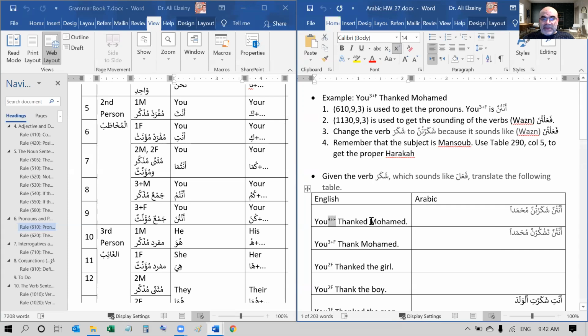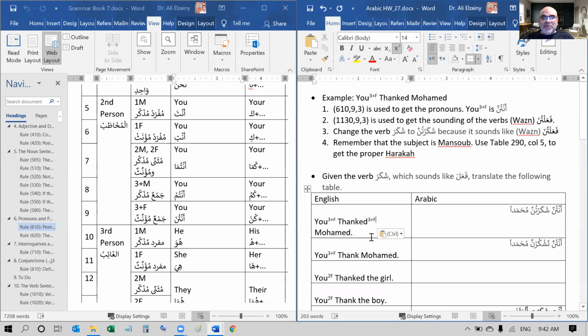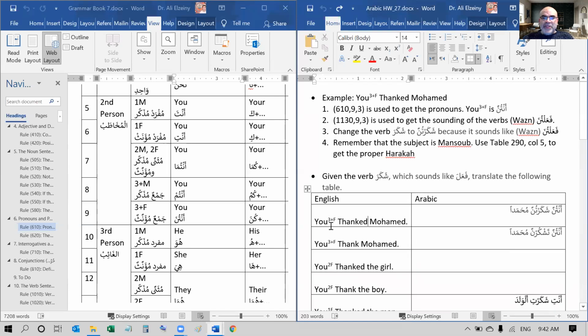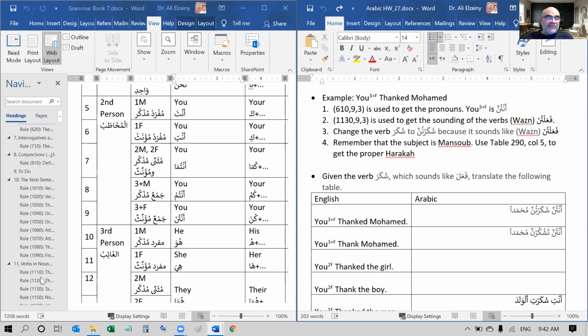Why? Because it's understood. If you is for 3 plus female, then thanked is for 3 plus female too. So I don't need to repeat it. So we have shakara, and we go back to table 1130.